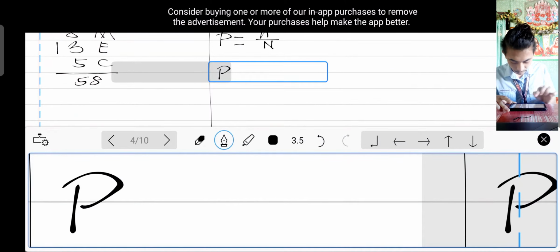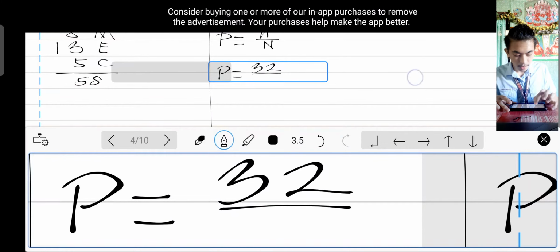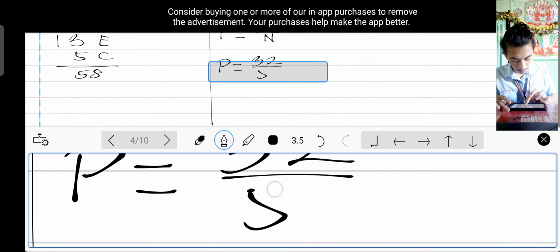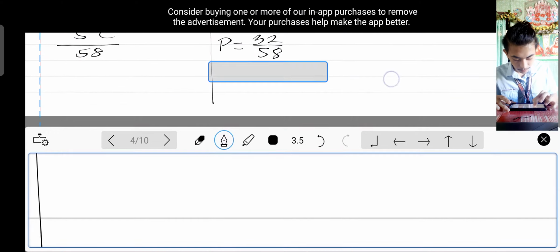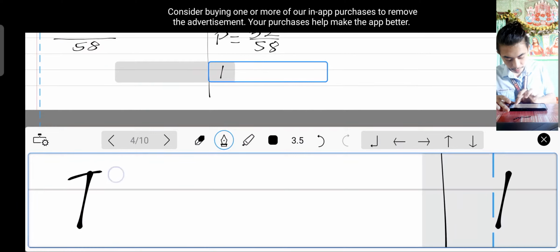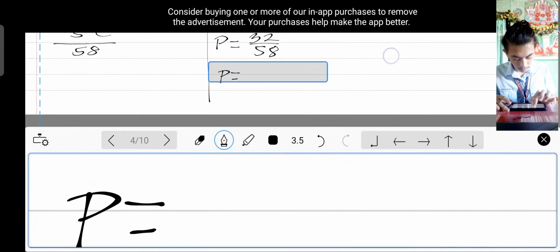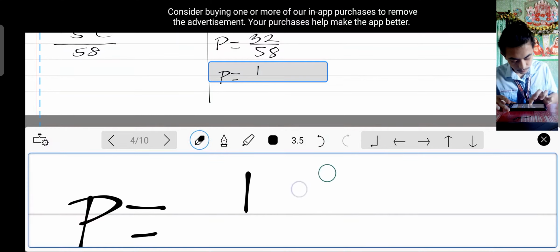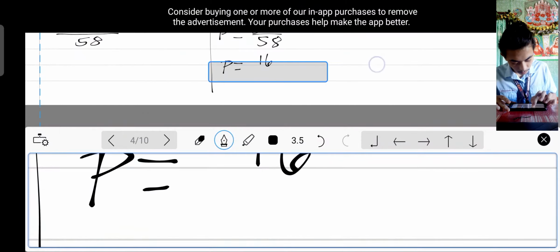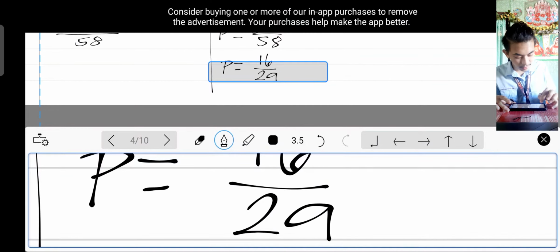P is equal to 32 over our total number, 58. If we simplify it by 2, we have 16 over 29.